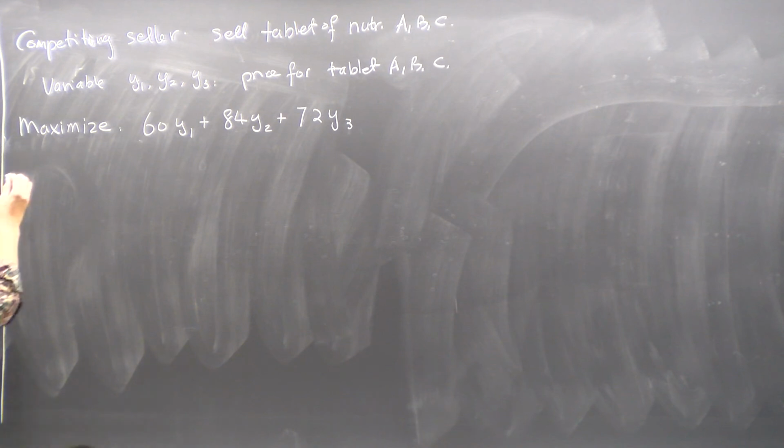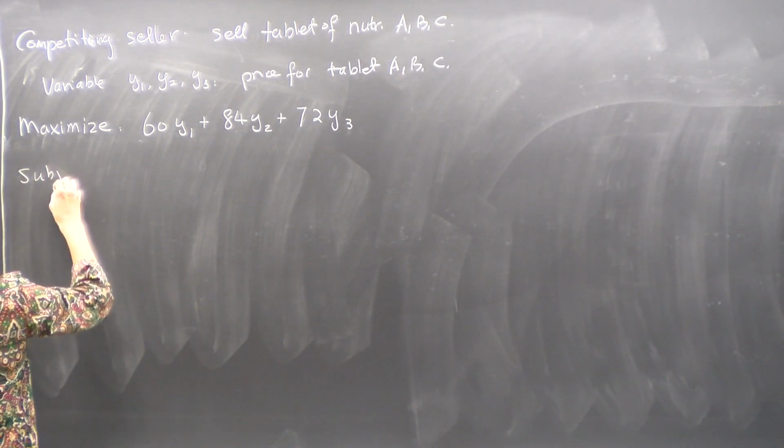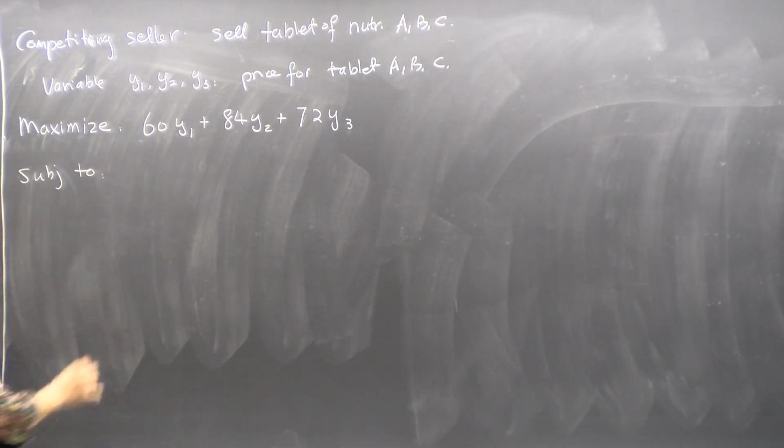So what will be his constraint? Well, the constraint comes from the fact that he wants to be competitive. If his things are too expensive, the farmer won't buy it. The farmer will just go to the old store and buy feed 1 and 2.